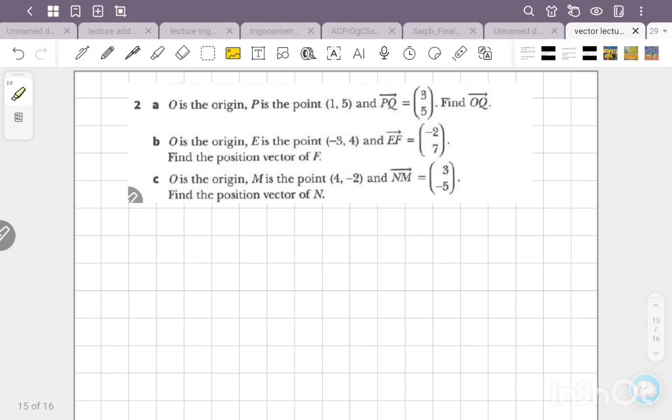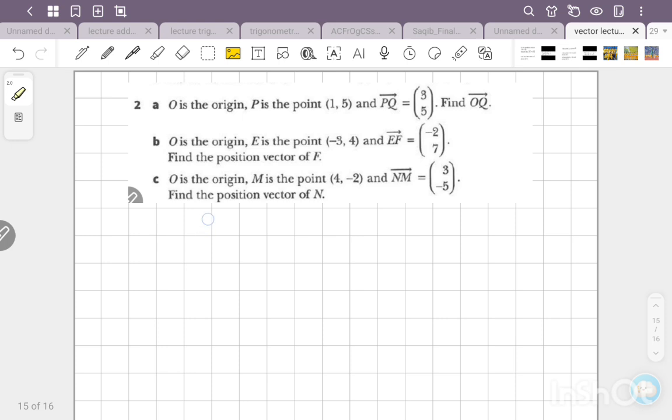Okay, student, we have a second question, exercise 13.2. The question is: O is the origin, P is the point (1, 5), and PQ equals (3, 5). Find OQ. This is the B part. First of all, we have to find how we get OQ.